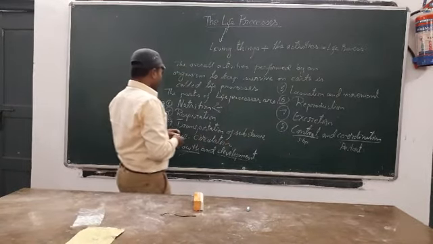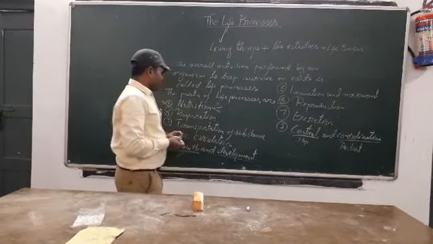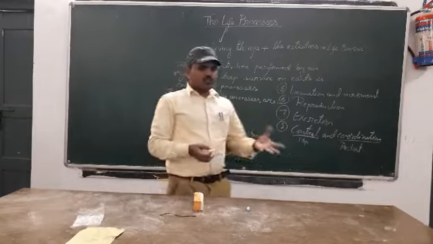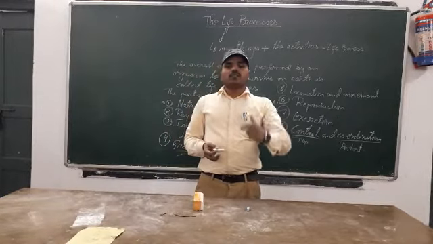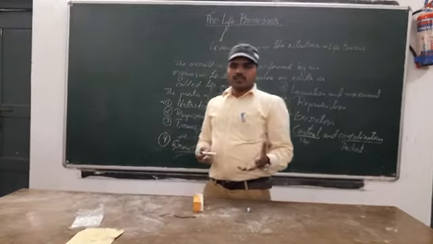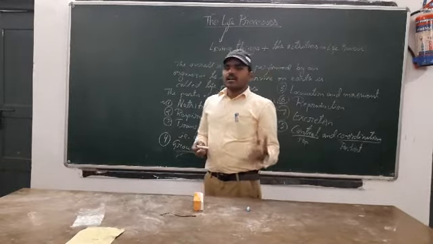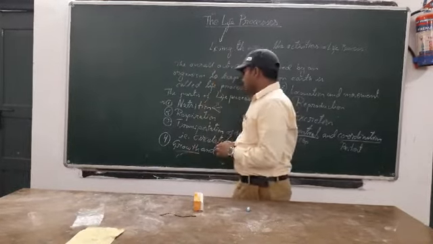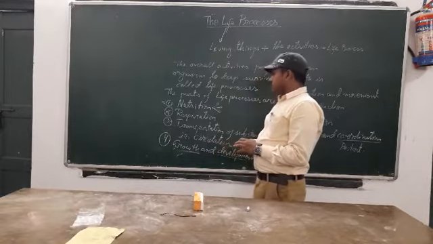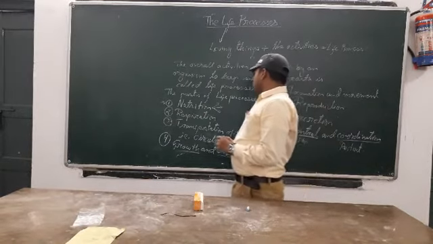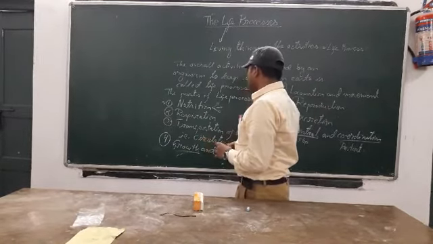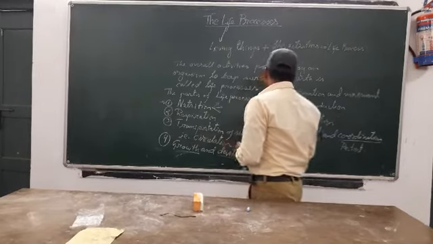Now let's see the next point, transportation. There will be transportation, which, as we studied in earlier classes, is the circulatory system. We can study about the circulatory system in this point. Transport of substances. Growth and development, as I explained now.